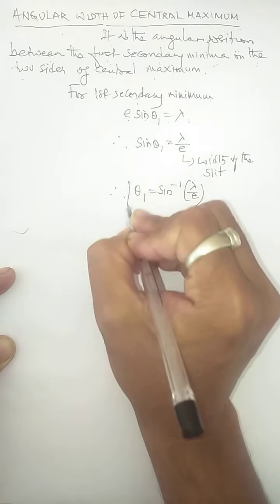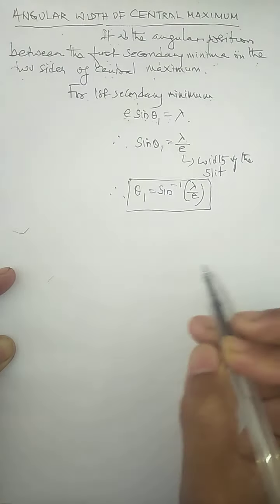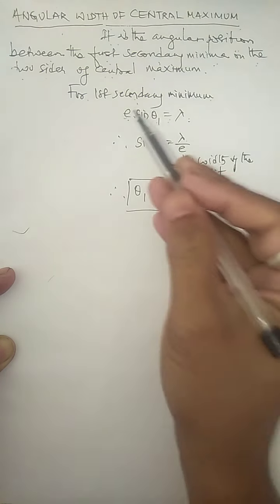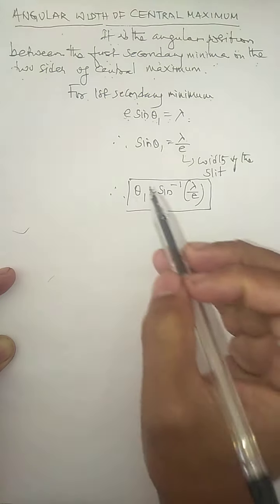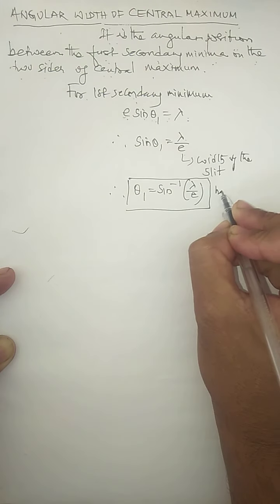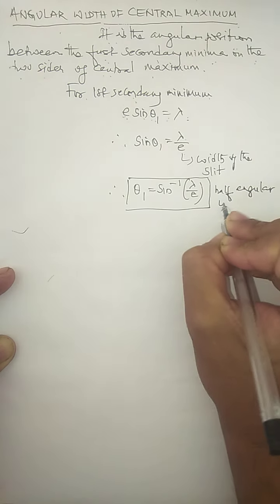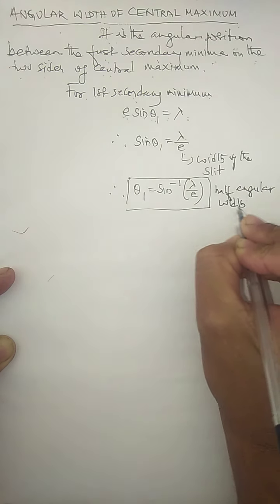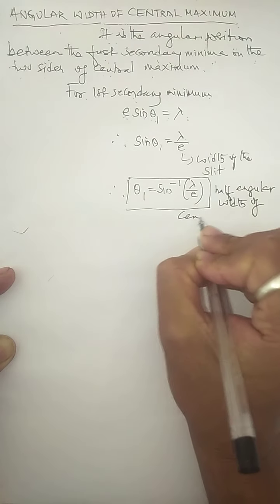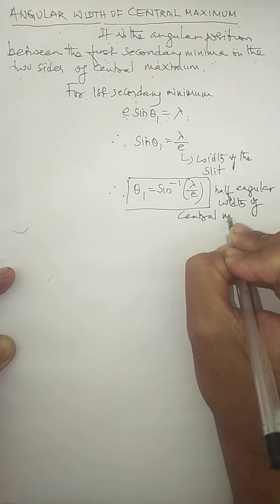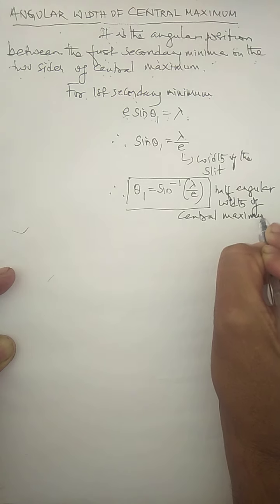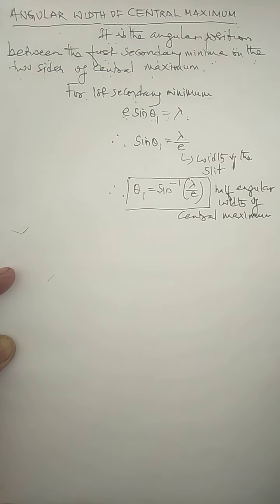So this angle theta 1, which is the angle of diffraction made by the first secondary minimum, is also measured as the half angular width of central maximum. And children, the measurement of half angular width and even the measurement of angular width of central maximum, you learn in the next YouTube video, basically with the graph, and from that graph you understand better also.